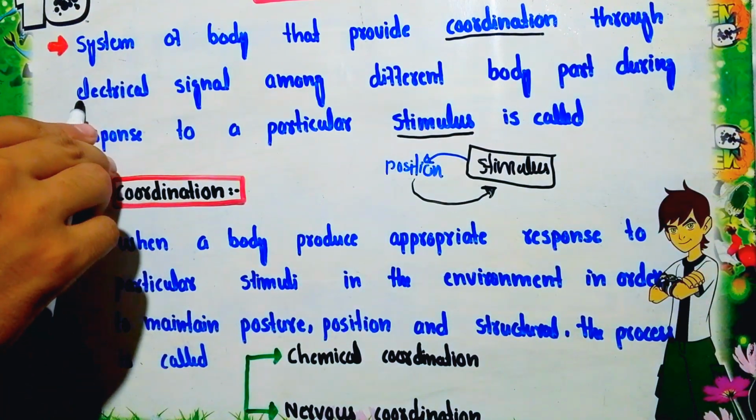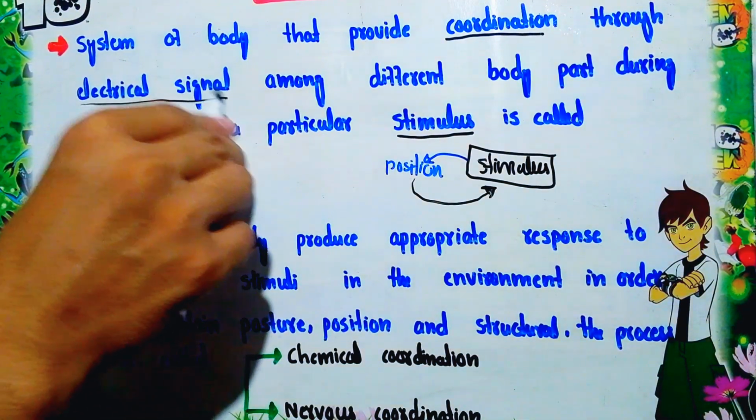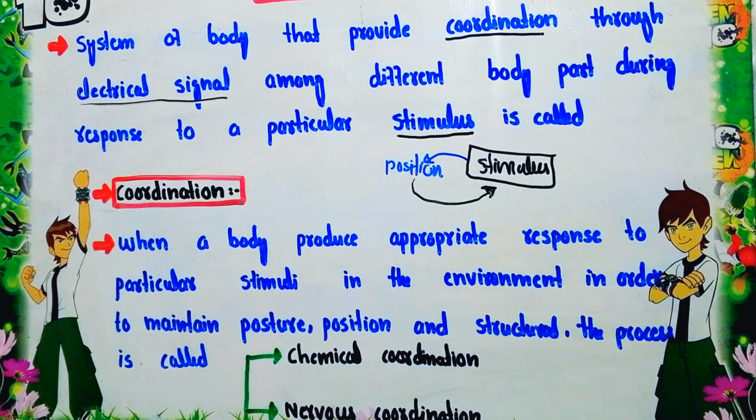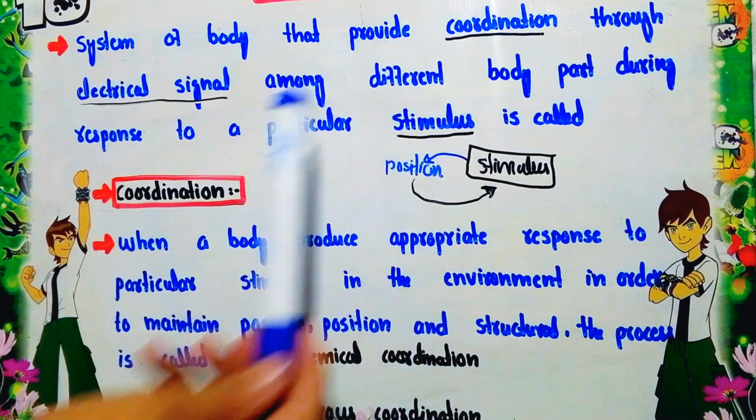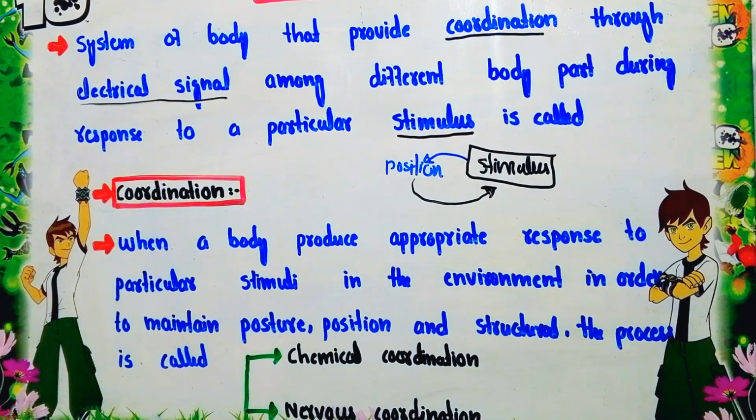Such a system is called the nervous system. Through the nervous system, our body is maintained and controlled in a normal position.